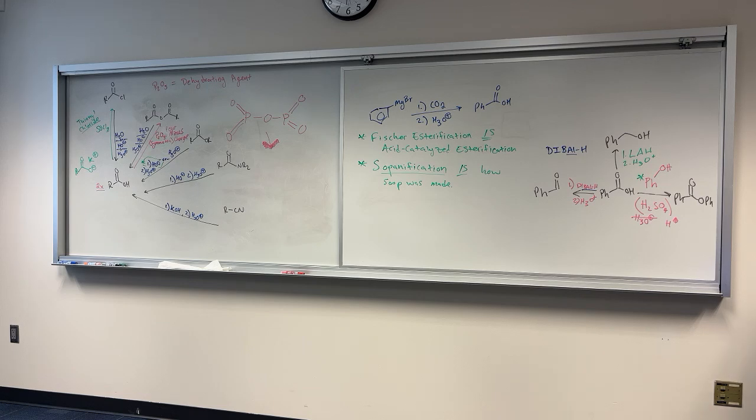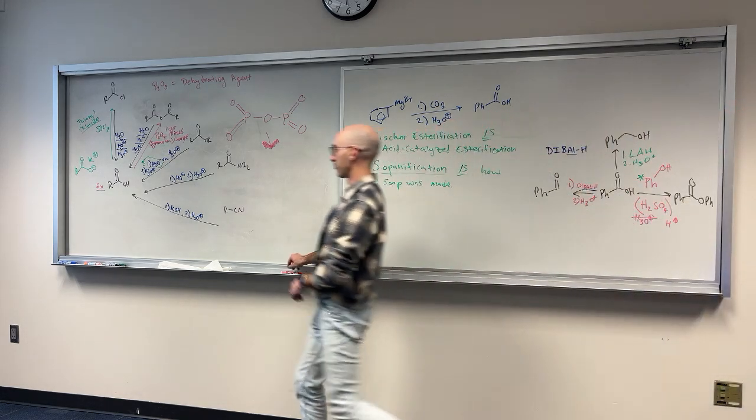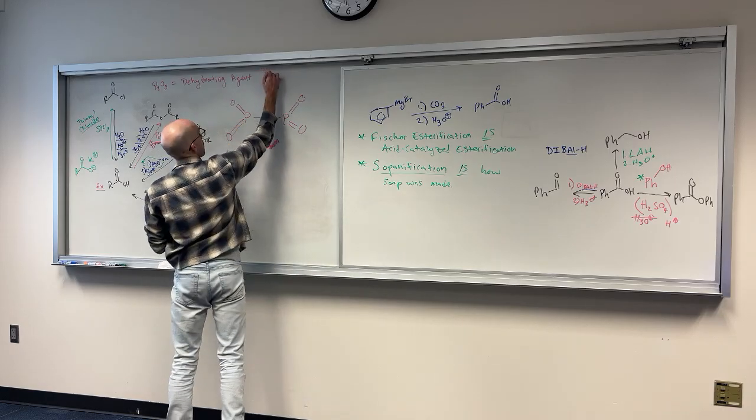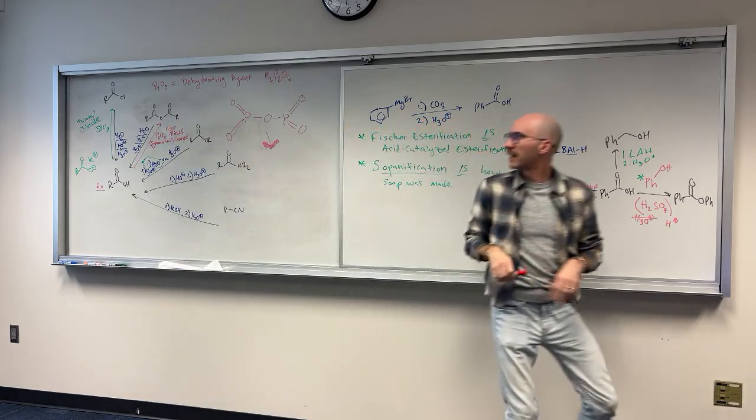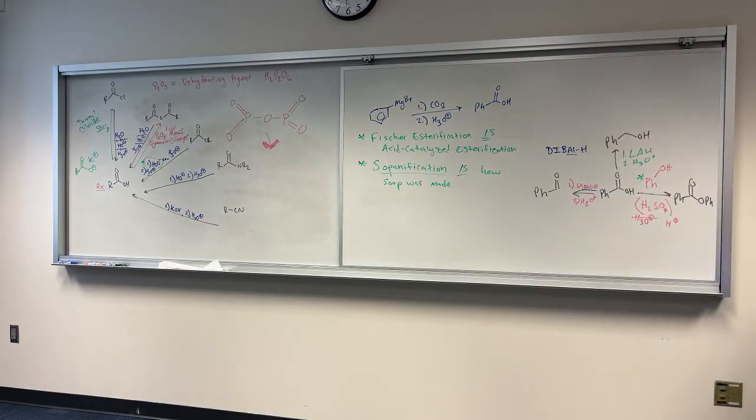H2P2O6 is the dehydrated product, and it's called dihydrate of hypophosphoric acid. So that's not lame at all. But here's the actual structure.